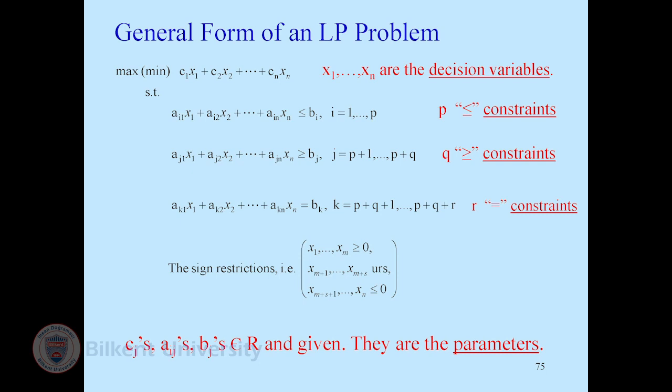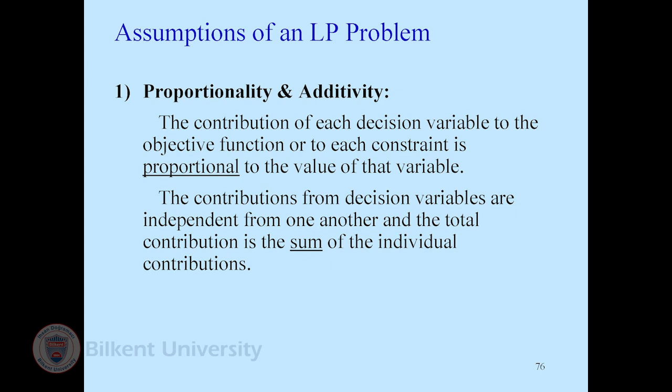Those numbers can also be negative. And those C's, A's, and B's are my parameters, remember? In the milk production example, C's were 1.5 and 2.5. A's were the minutes in the machine, so 3, 1, 2, 2. And right-hand side B was 12 hours and 6 hours. Those are the parameters given to me. Okay.